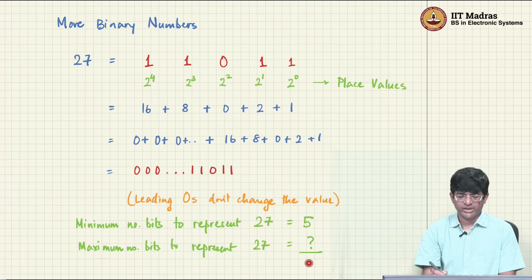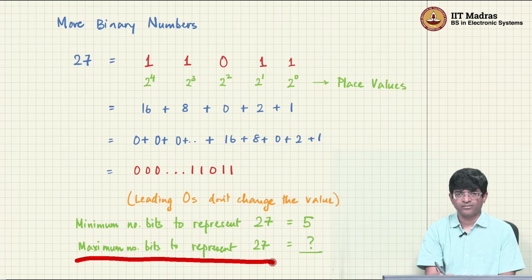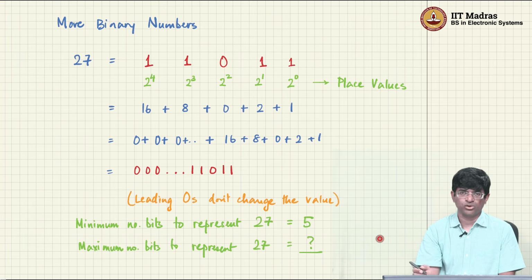What if I change the question and ask you, what is the maximum number of bits required to represent 27? Well, the answer is, there is no answer actually, because as you can see over here, I can keep adding zeros in front and make the number bigger. But they are not changing the value of the number, they are just changing how many bits are being used in order to represent it.